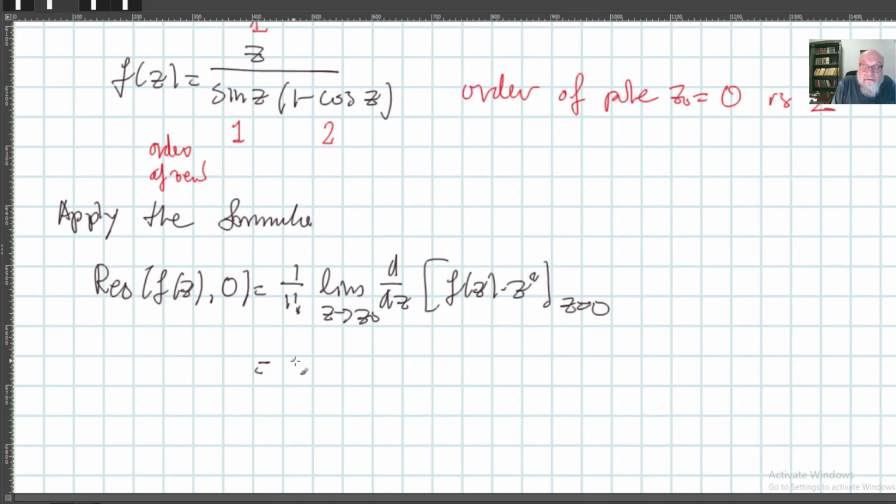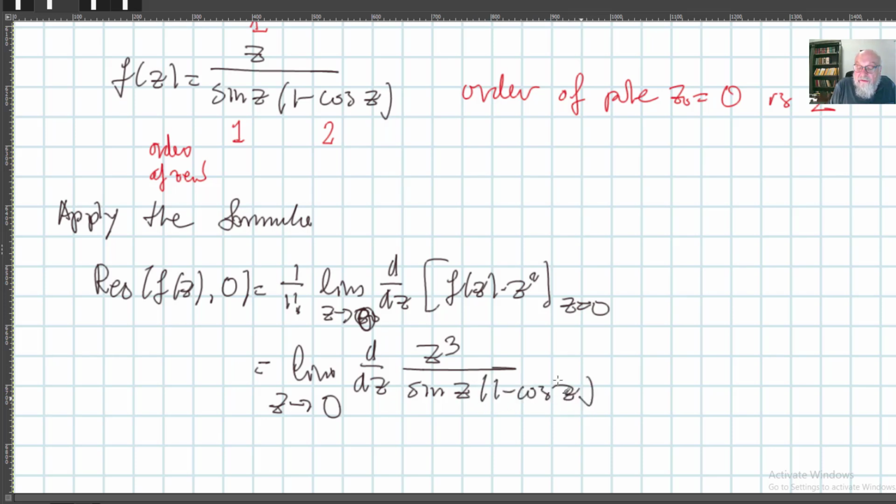So let me rewrite it. This will be the limit, what is z0? Okay, this is 0 again, z goes to 0, of the derivative d/dz of z cubed divided by sine of z times 1 minus cosine of z, and okay, I leave it to you. I already see that this limit is ugly and may not be very easy to compute. I don't like it.